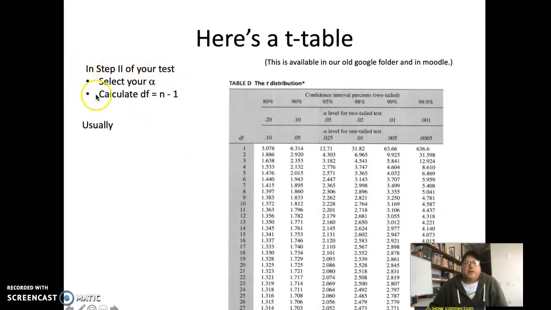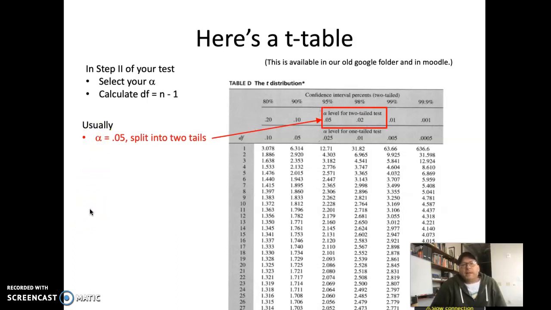So let's go back over here. In step 2 of our test, that's where we select our alpha. I'm going to use 0.05, and we're going to look at our degrees of freedom. So usually we will use an alpha of 0.05 split into two tails. So if you look at this, you see this is my alpha level for two tails, 0.05.